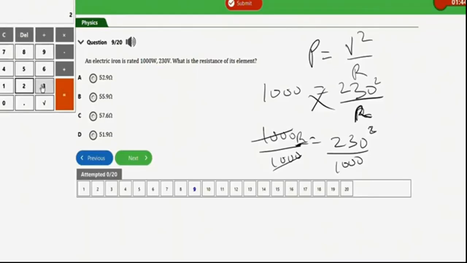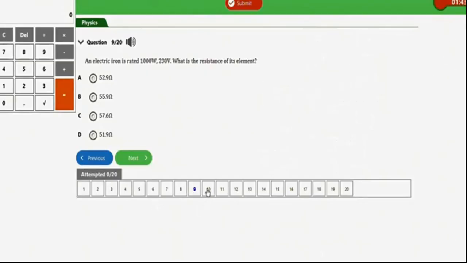This is 230 times 230 divide by 1000. So you have the output to be 52.9 ohm. The correct option is option A. Okay, so that's it for this question. Let's write this and solve the next repeated question.